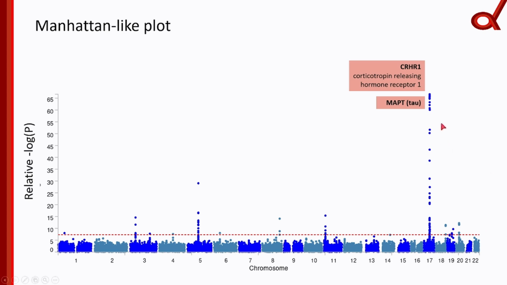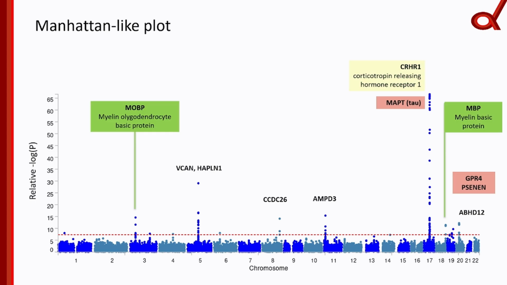And that maps directly onto corticotropin-releasing hormone receptor, which is, of course, very important for our stress response. Another gene that is directly next to that, so we can't really disentangle these two genes here, is a gene producing tau protein, which is relevant for neurodegeneration. Then there are some other less strong signals, but also signals mapping to this one component, and two signals on completely different chromosomes that are not correlated within the genome ended up in this one component, and both encode myelin basic protein.